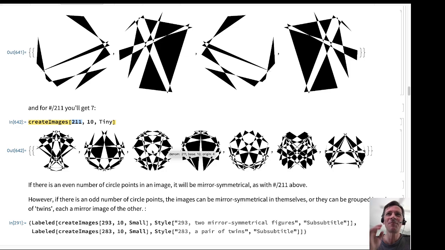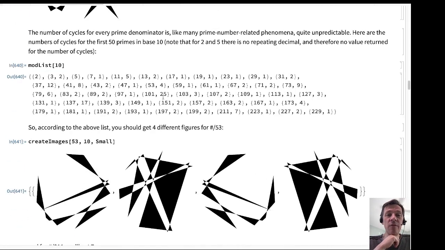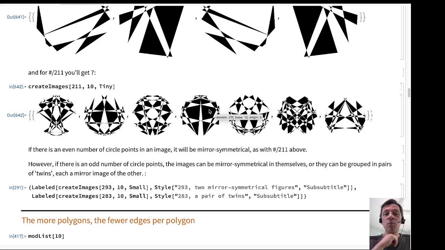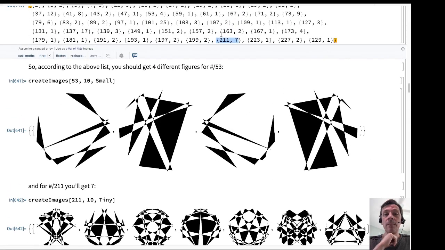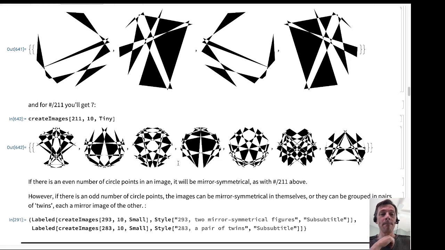I'm not sure. Maybe these are called triacontagons. They're 30-sided. So this chart is just telling us how many are going to be in each cycle, and there you see 211 with a denominator of 211. I get 7 different polygons, each with 30 edges, which I'd have to figure out. I'm doing a little bit of math.